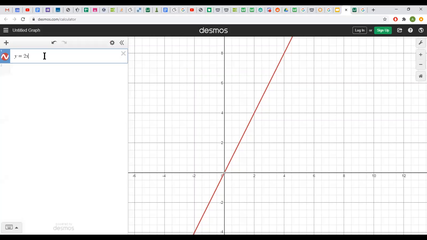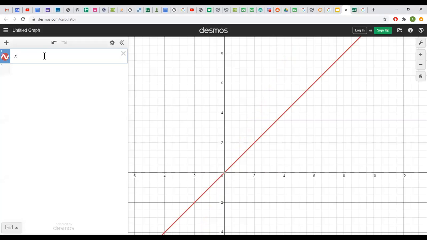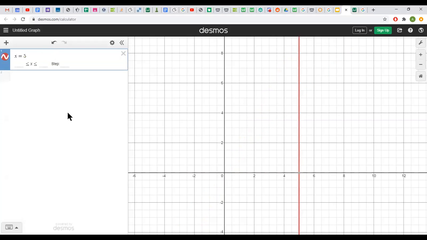Okay, so let's just say we have x equals 5, for example. So we said this isn't a function, right? So the reason why this isn't a function is, we have 5 as our input, basically. But as you can see here, 5 can lead to many different outputs. It can lead to 2, it can lead to 4, it can lead to 6.